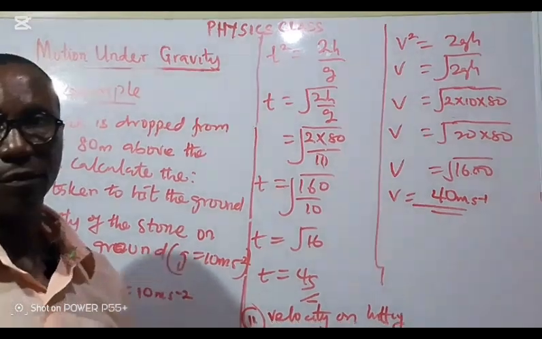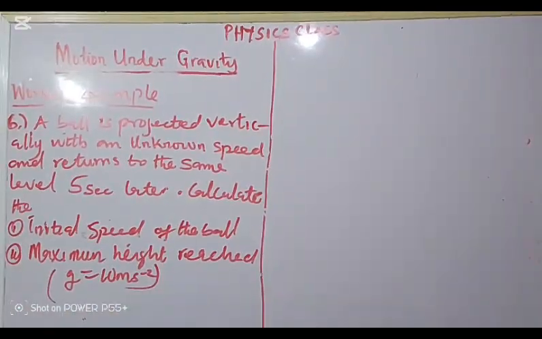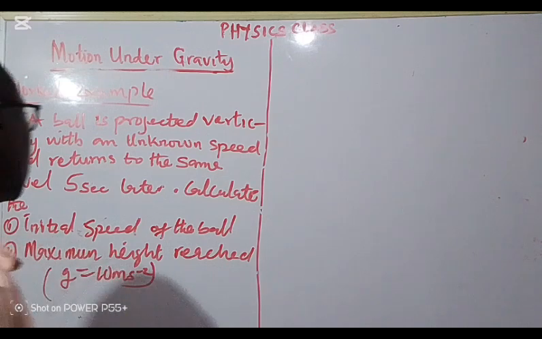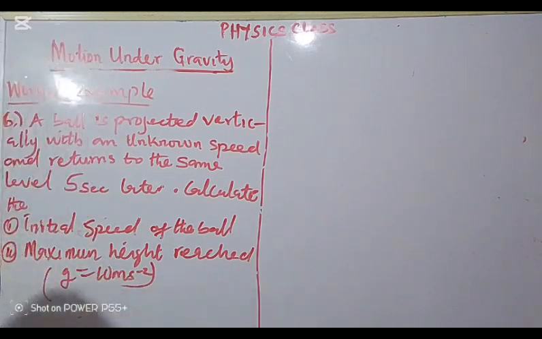This one is question 6. A ball is projected vertically with unknown speed and returns to the same level 5 seconds later. Calculate 1. the initial speed of the ball. 2. Maximum height reached by the ball. g is equal to 10 meters per second squared.